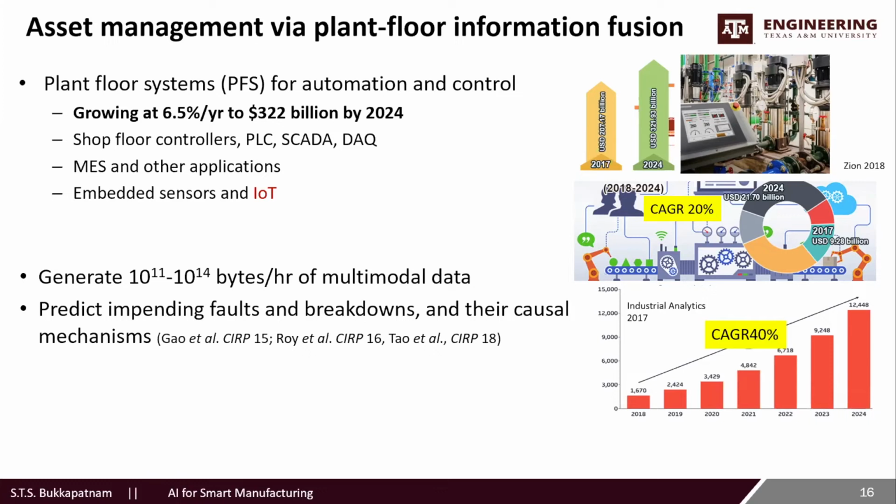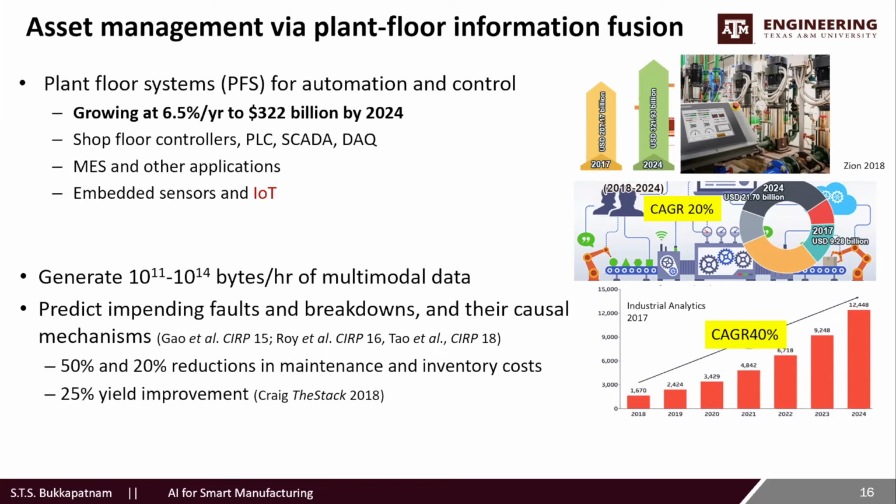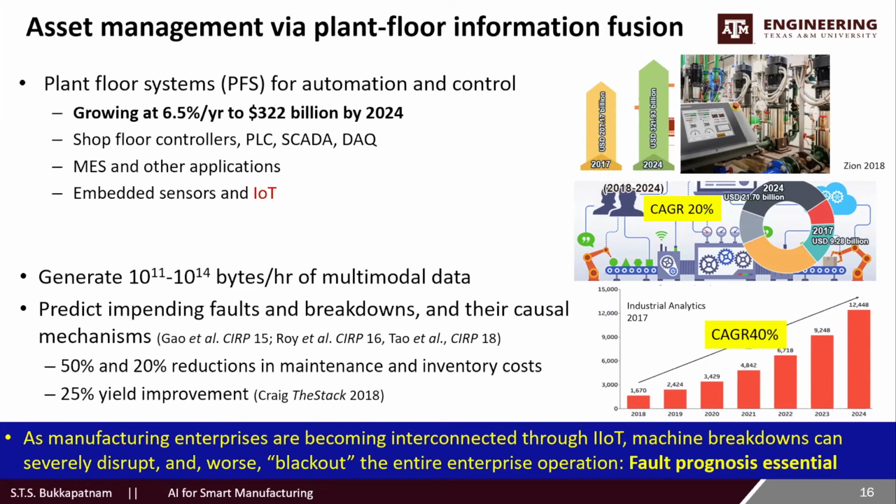And they're multimodal, as you can see. IoT sensor data will have a different format and different kind and so on, right? But if you can somehow harness this information, people have said that there can be significant savings and significant improvement in productivity and energy efficiency. At the same time, these data can help us avoid some major catastrophe, especially if you think about smart manufacturing systems that are highly connected.